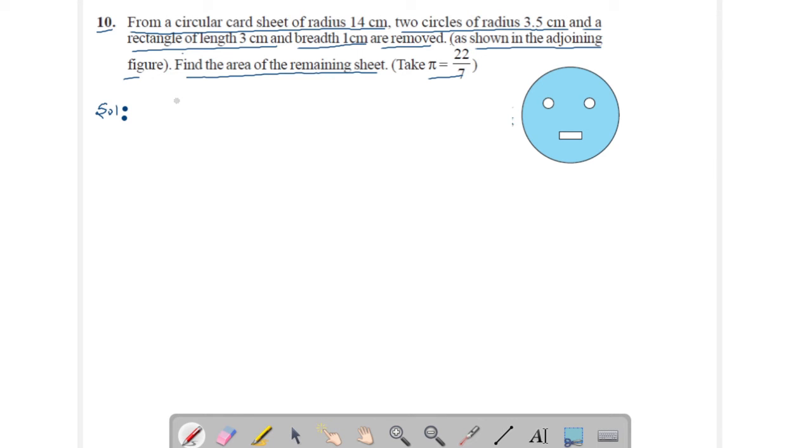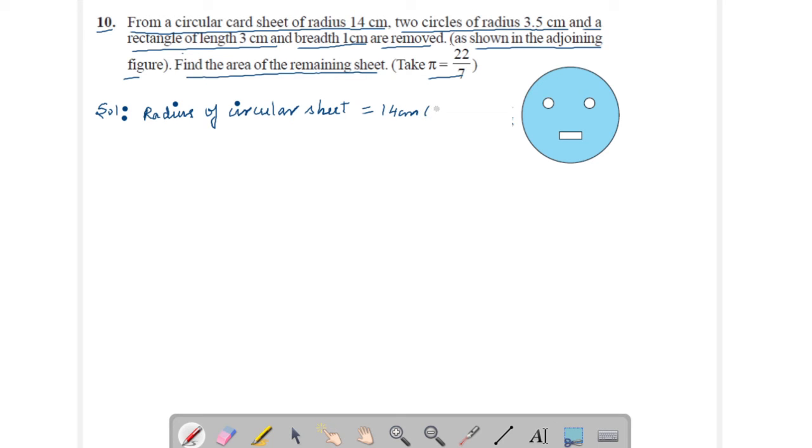Here what is given to you? Radius of circular card sheet. Radius of circular sheet equal to 14 centimeter.